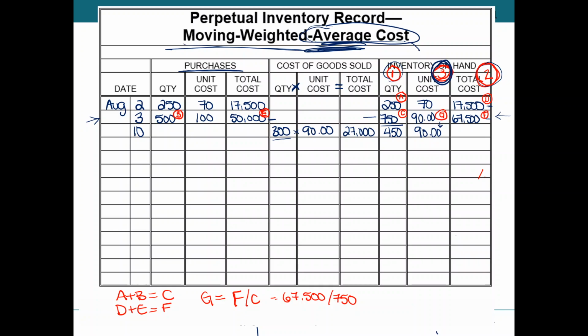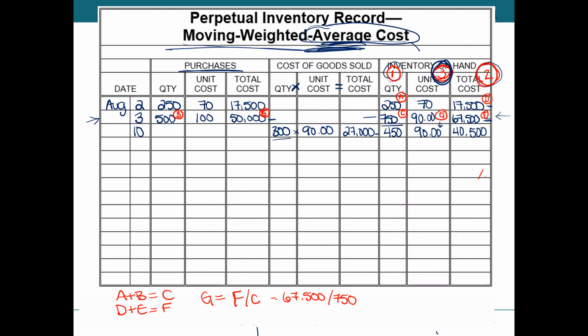And then you can do whichever you find. You could take 450 times 90. Actually, no, that's a lot. You need to follow the steps again. So take the 67,500 minus 27,000. And that gets us to 40,500. So just subtracting that again.